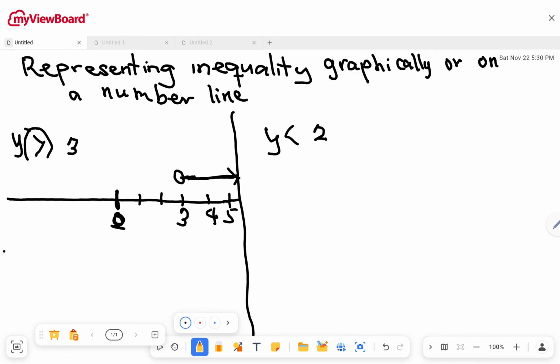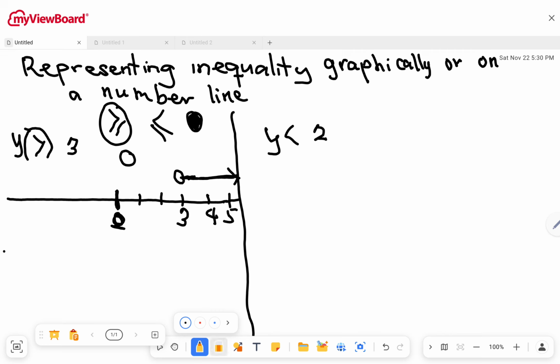The reason is that we have a way of representing this greater than or equals to sign. They are the ones that greater than or equals to sign or the less than or equals to sign. They are the ones that comes with the circle being filled. But for the less than or the greater than sign, you leave the circle hollow like this. It should not be filled.